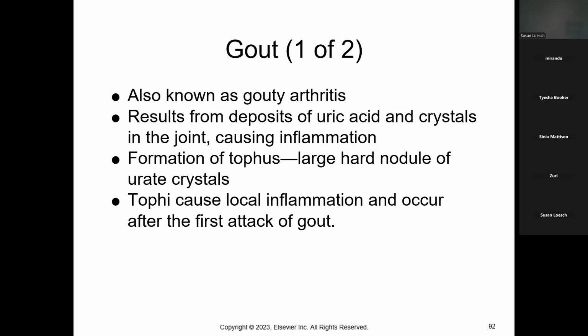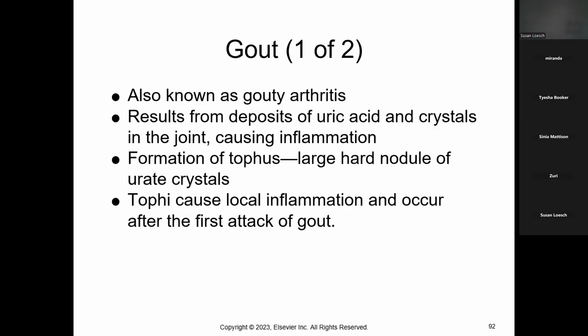Next is gout. I guarantee you they'll probably ask you about this at some point, either on the quiz or in the test. It's also known as gouty arthritis. Gouty arthritis is the same thing. Here we have uric acid and crystals, and they're being deposited in the joint. We'll see this a lot in your diabetics.